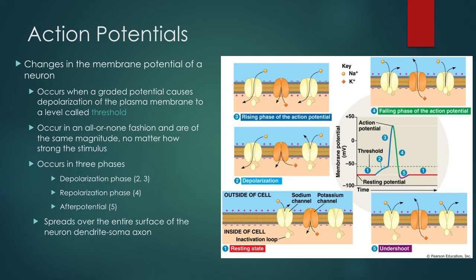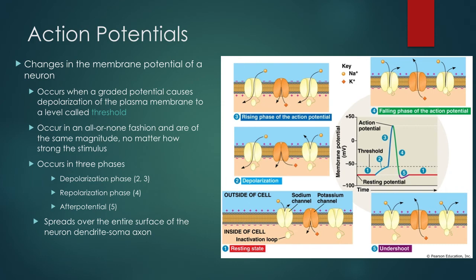Okay, and these will open once that change in charge is large enough. All these voltage gated channels will open, and that will cause the complete depolarization and the action potential to spread across the surface of the cell. And so here we have the initial phase where you have some ligand gated channels opening, it looks like 2 and then 3 when it starts to spread.